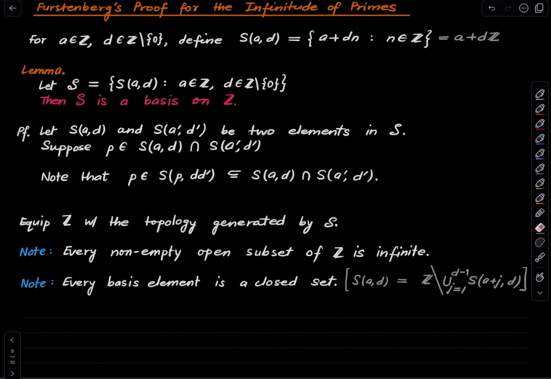Now, here is the main point. If you pick anything other than 1 or minus 1, there will be a prime that divides it. What are the primes? The primes by definition are those positive integers which are greater than 1, whose divisors are precisely the number itself and the number 1. Those are the primes.